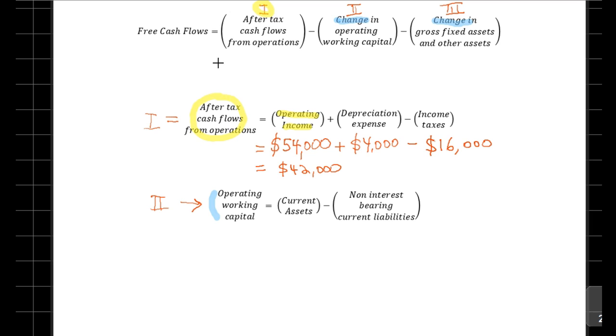And it's time to put it into the first component in our formula for free cash flows, 42,000 minus. Now time for the second part, change in operating working capital. Operating working capital is basically the difference between current assets and non-interest bearing current liabilities, and we need to do that for the 2 years, for 2012 and 2011, and then look at the change between the two. So let's do it for 2012 first. Operating working capital in 2012 is equal to, so for that we will need to look into the balance sheet.